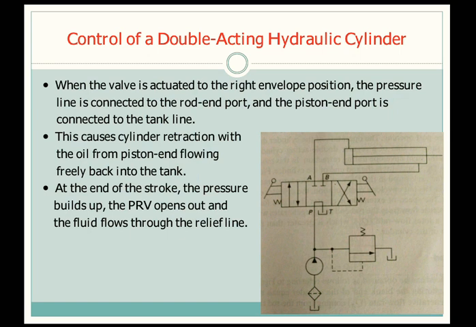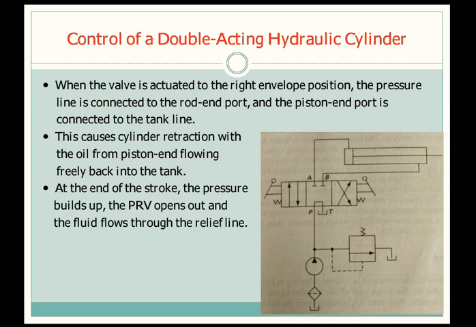During this condition the cylinder retracts, with the oil from the piston end flowing freely back into the tank. At the end of the stroke the pressure builds up, the pressure relief valve opens, and the fluid flows through the relief valve. Any excess oil pressure is passed through the pressure relief valve and finally to the tank, as shown in the figure.